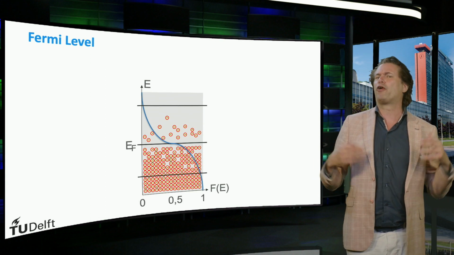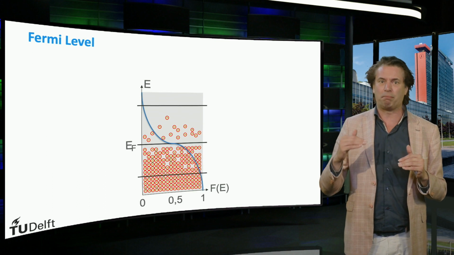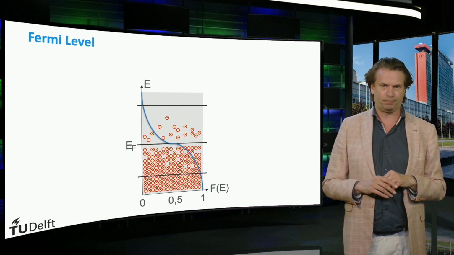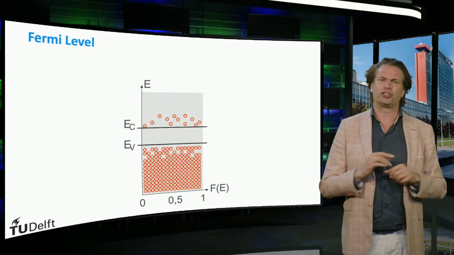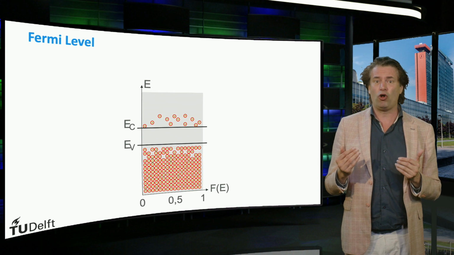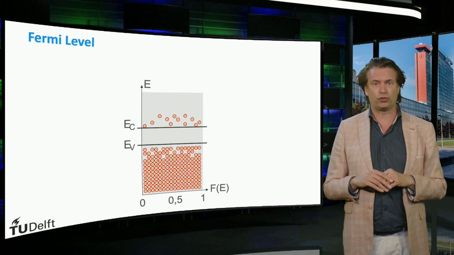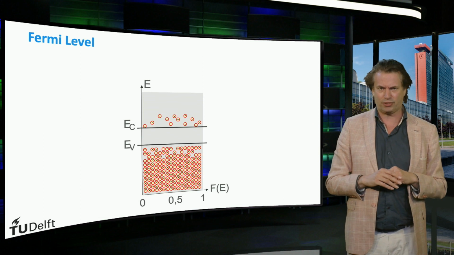As you can see, for metal, the electrons are distributed in continuous electronic band, which is not fully filled. However, for semiconductors, this situation is different. The valence band is almost fully filled with electrons, whereas the conduction band only has very few electrons.